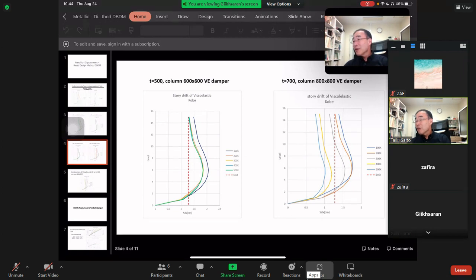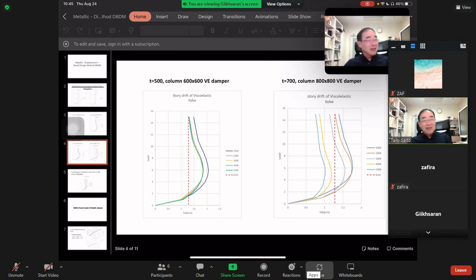Anyway, the left one: if you change the capacity of damper from 100 to 500, the result doesn't change so much. But in the right figure, the result changes, wider. So why?